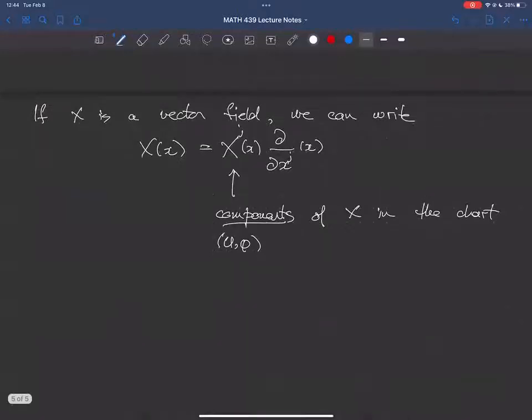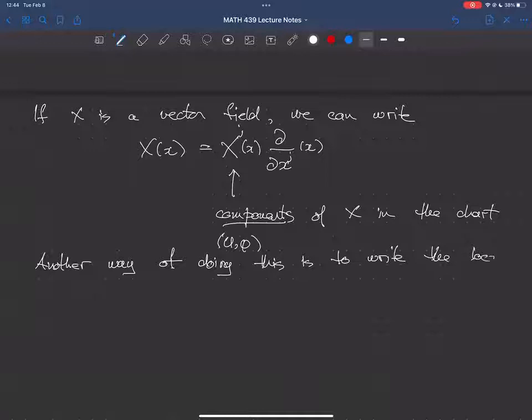All right. So another way of saying exactly the same thing is to write the local representative of the vector field. Okay, so X, the vector field, is a mapping, right?